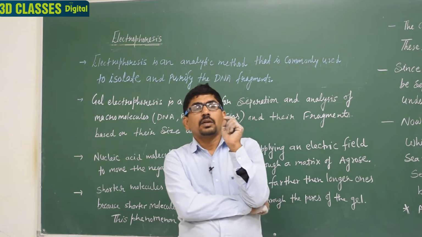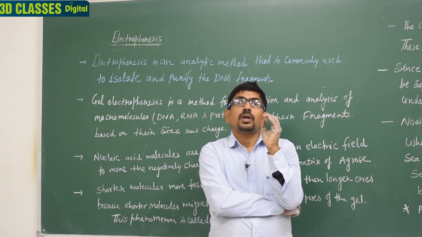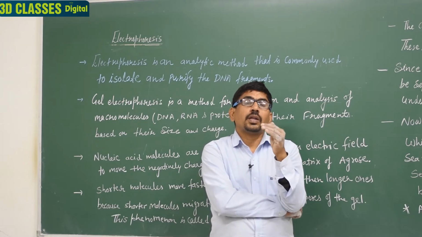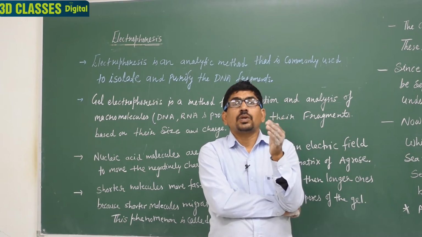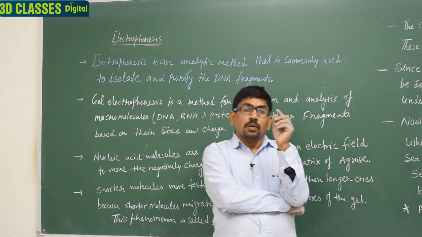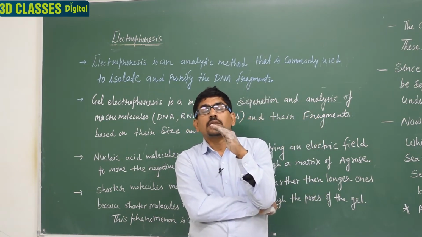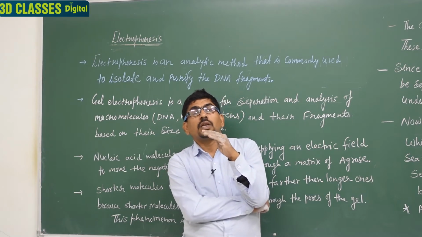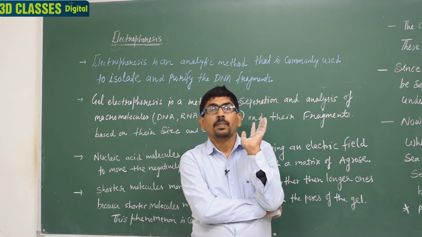The second thing is the charged particle. The DNA molecule contains a phosphate group, and phosphate is a negatively charged molecule, you know very well, so DNA is negatively charged. But when we cut the DNA with RE enzymes, the DNA is segmented into different parts.